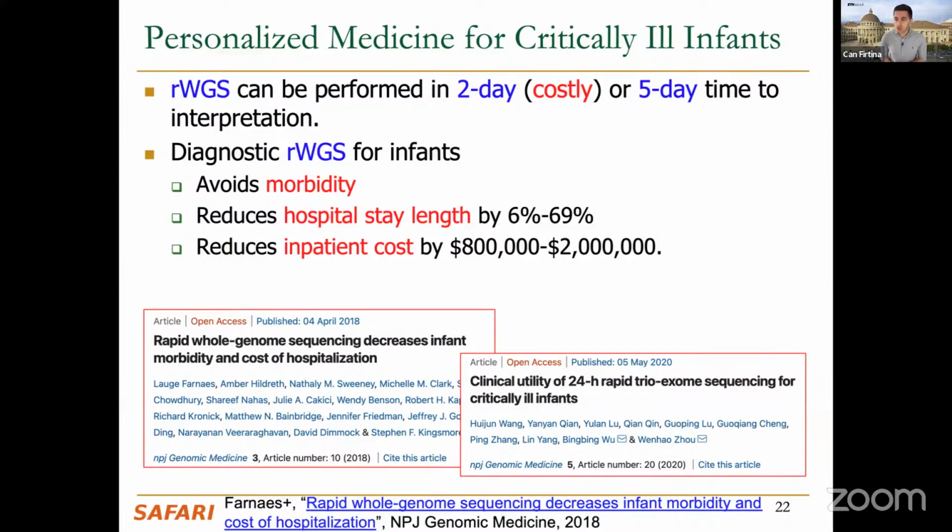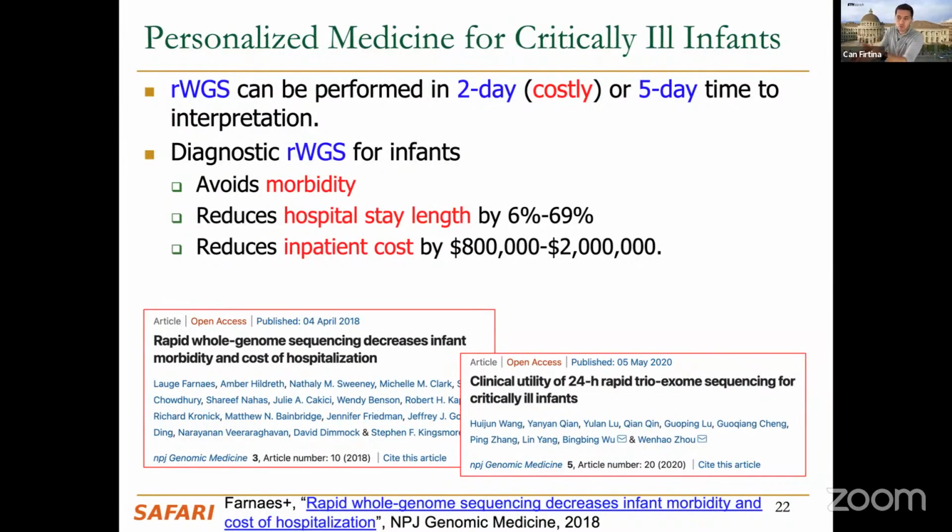Usually for infants, a type of analysis that we call rapid whole genome analysis is used. Whole genome sequencing means you sequence the entire genome instead of focusing on one region.